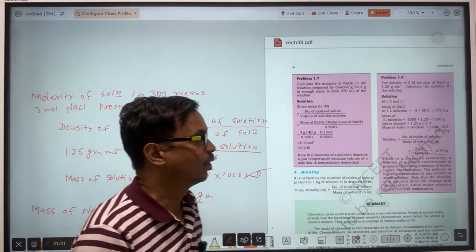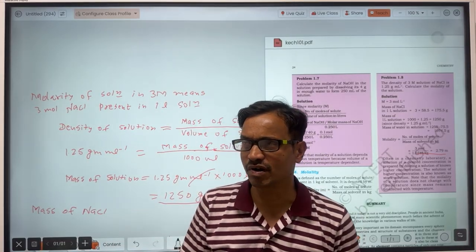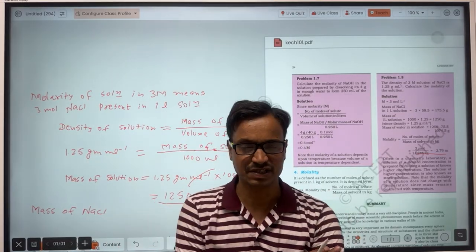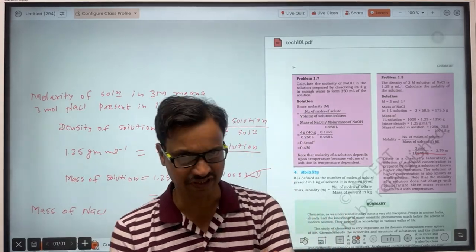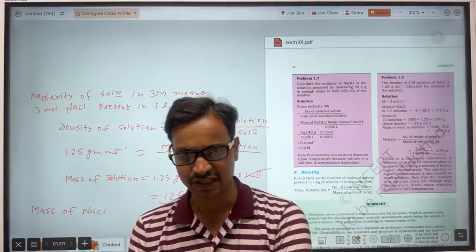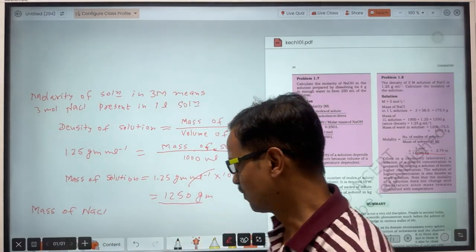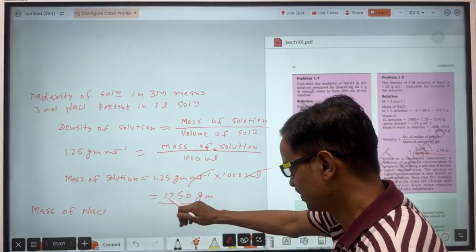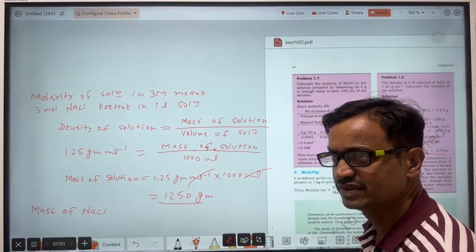Again guys, I am telling why I am calculating this: if I calculate the mass of NaCl present in the solution, then the mass of solute and mass of solvent will be equal to 1250 gram.